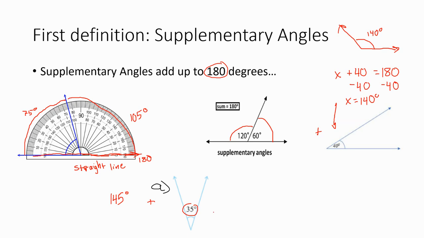How wide would an angle be that's supplementary to 65 degrees? Well, you should have asked yourself what plus 65 equals 180 degrees. And when you solve that, you get 115 degrees.